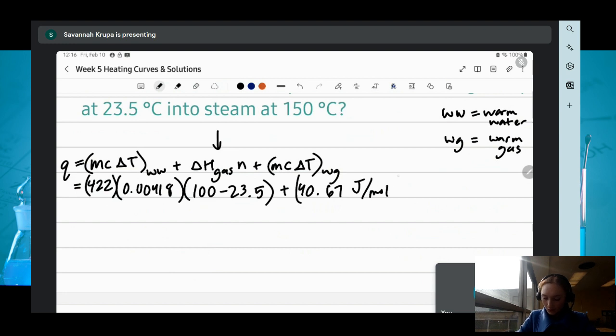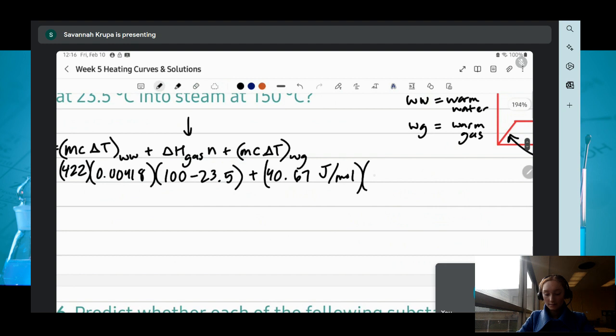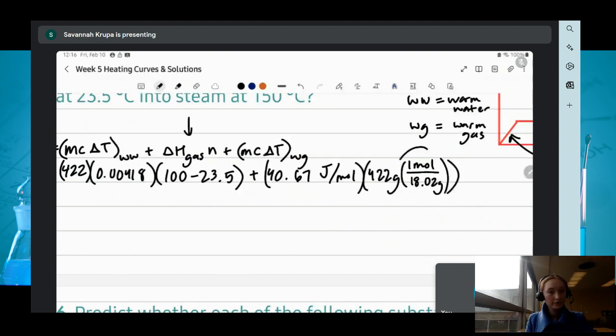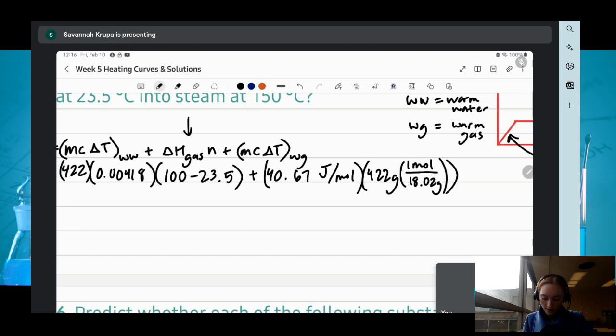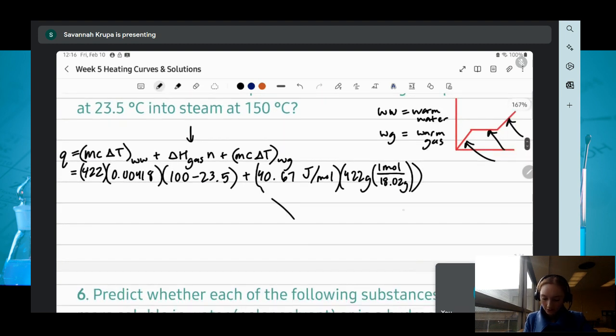And to get it into moles, we'll do a molar mass conversion. So that is going to be the mass that we started with, which is 422, and the molar mass of water is 1 mole over 18.02 grams. So after we multiply that out, we'll be left with moles. And so now we're done with the second term here.